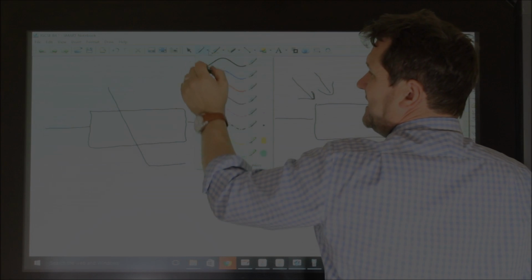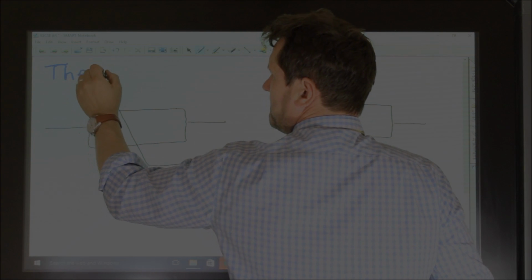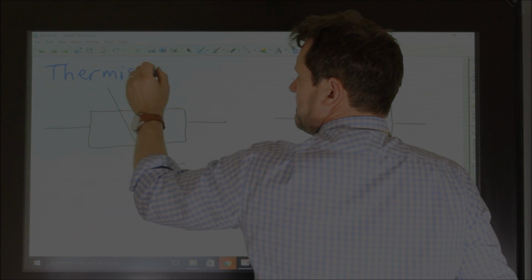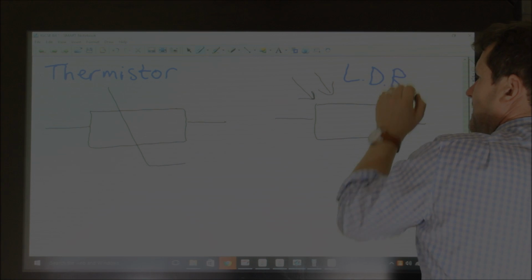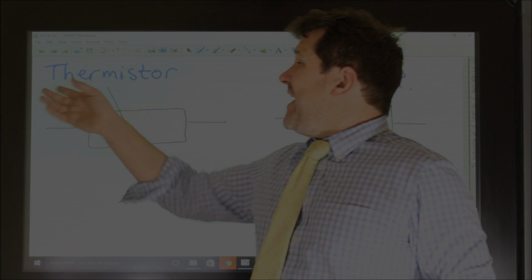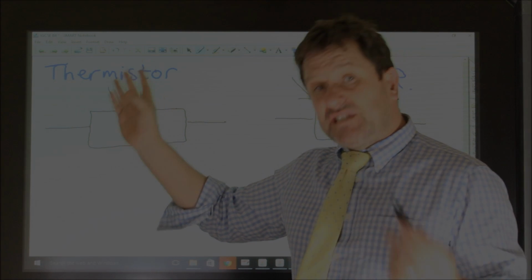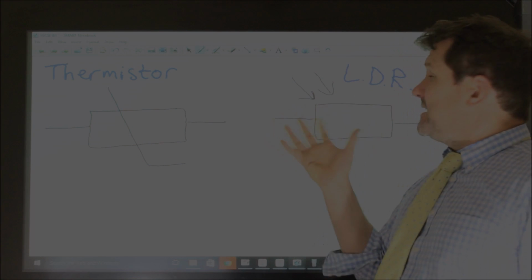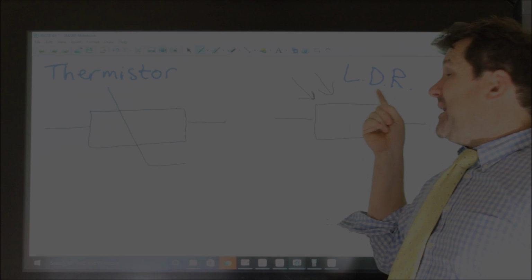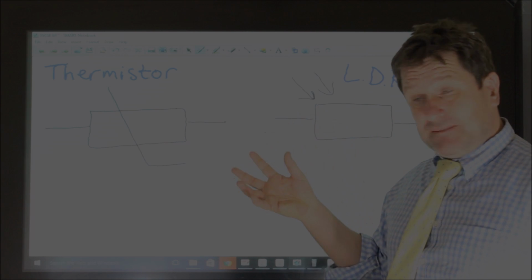Now the thermistor, thermal, heat. This is a resistor whose resistance changes depending upon temperature. And an LDR stands for light dependent resistor. It's a resistor whose resistance changes depending upon light.